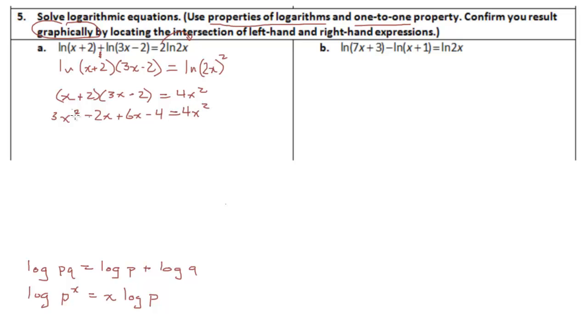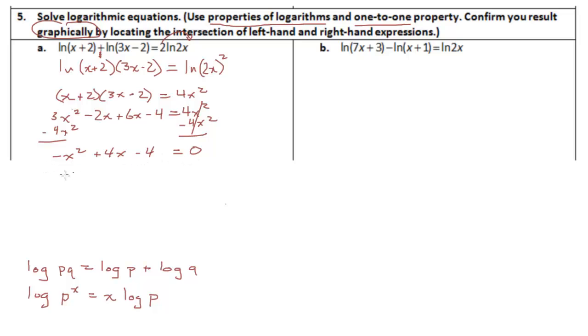Now this is a quadratic equation. We need to set it equal to 0 and see if we can factor. So we'll subtract 4x squared from both sides. That's 0 on the right. And on the left we have negative x squared plus 4x, combining those x terms, minus 4.